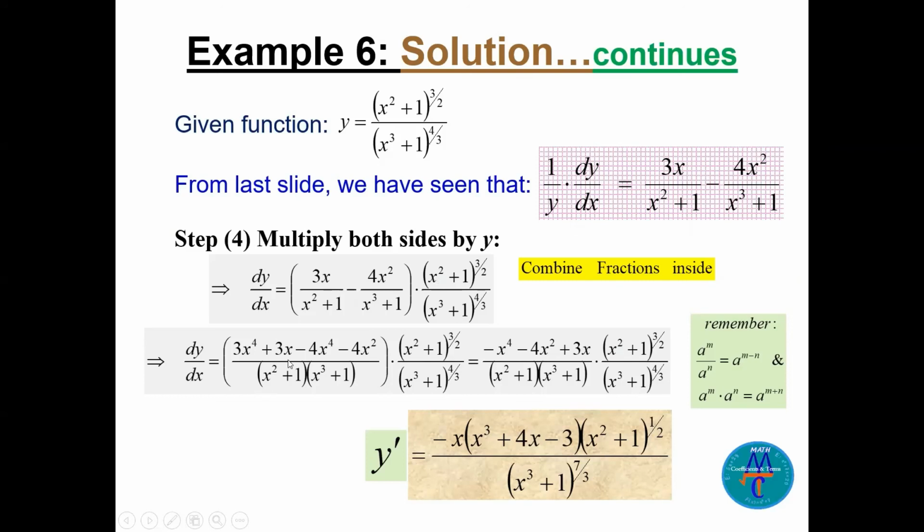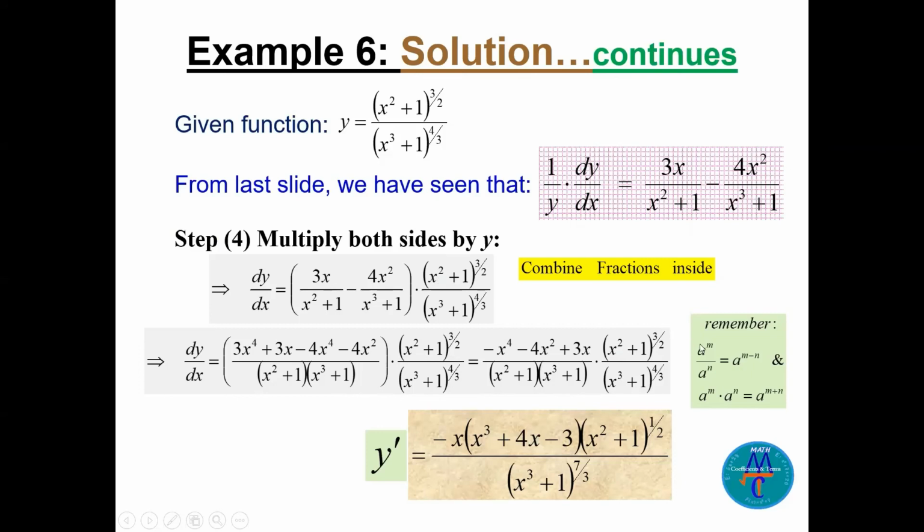I just simplify inside here, the LCD here, x squared plus 1 times x cubed plus 1. You will get this one, and then leave all this, take minus x as a common factor, leave in the bracket x cubed plus 4x minus 3.